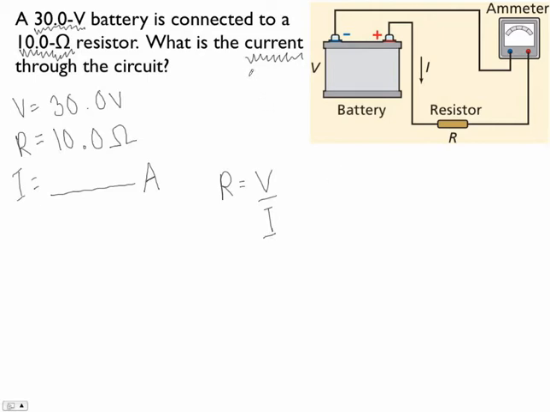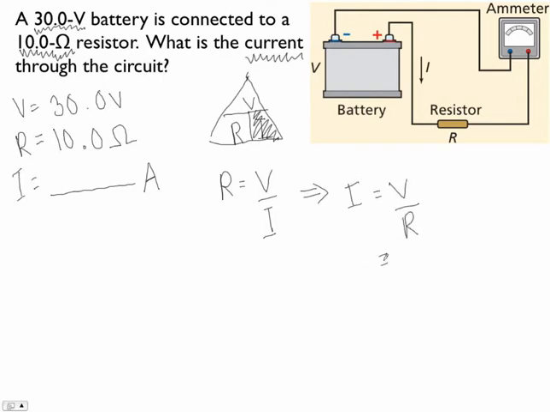And we can actually put this in the triangle. I have to be like the worst triangle drawer in the history of people that draw triangles. And so we have this. And again, we want the current, so we can cover that up because that's the one we want. And so we'll have current is equal to volts divided by resistance.